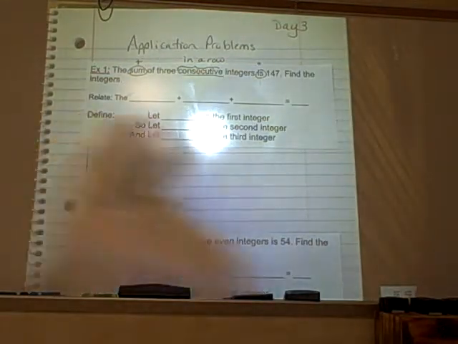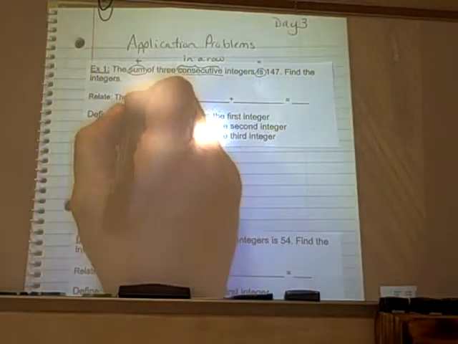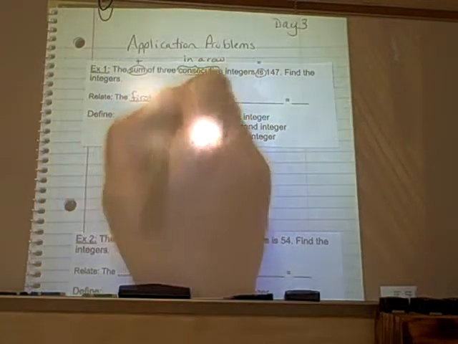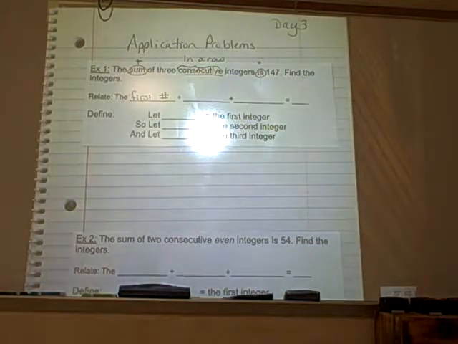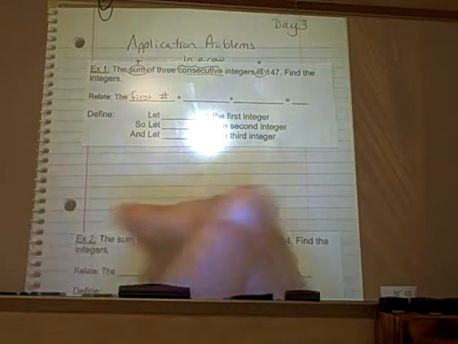So the part that says relate, we're going to let the first number, and I'm going to use the number sign. It was a number sign before it was a hashtag.